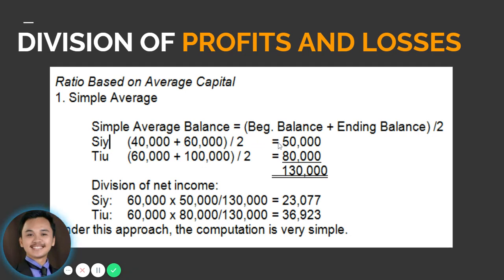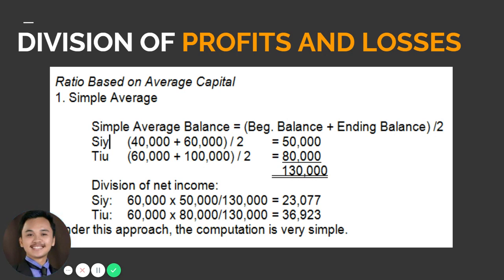So the simple average balance of C is 50,000 and the simple average balance of Chu will be 60,000 plus 100,000 divided by 2. Again, these 40 and 60 are both beginning balances and 60 and 100 are ending balances of C and Chu. Divide it by 2 to compute for their simple average balances.